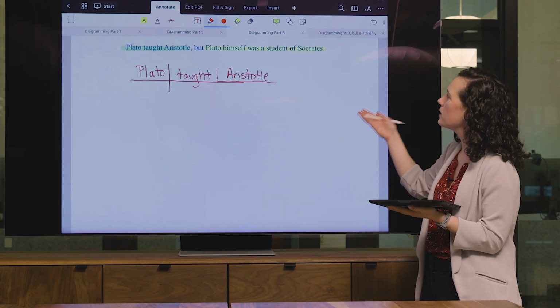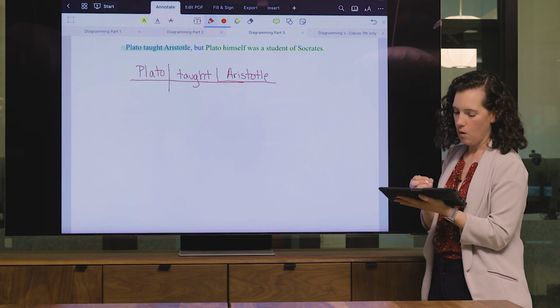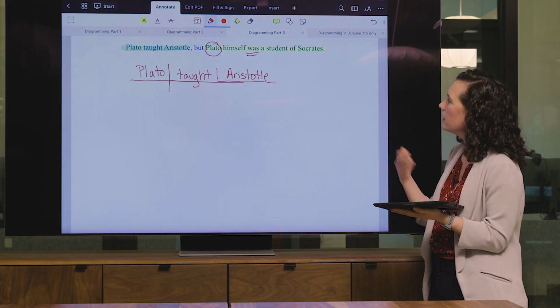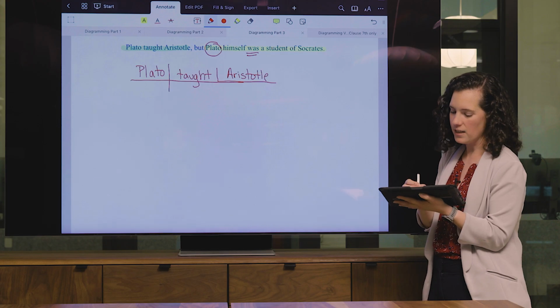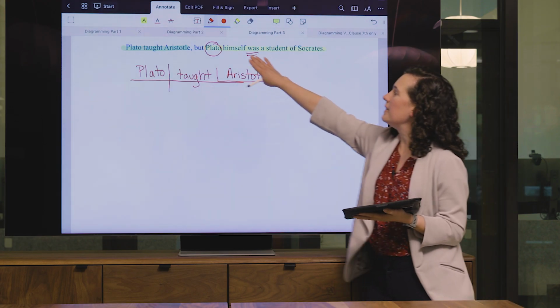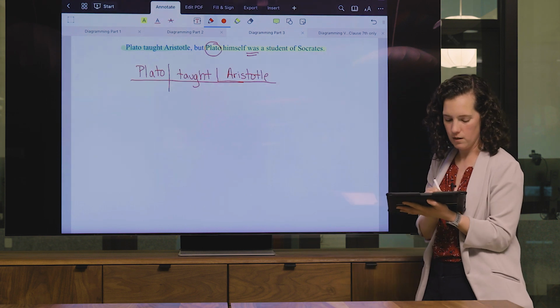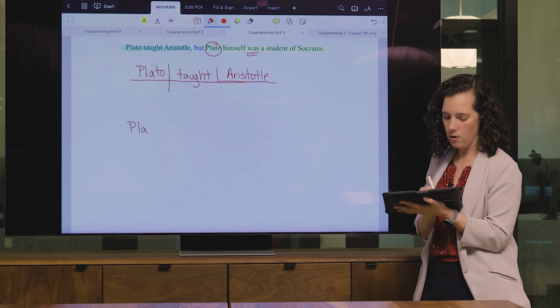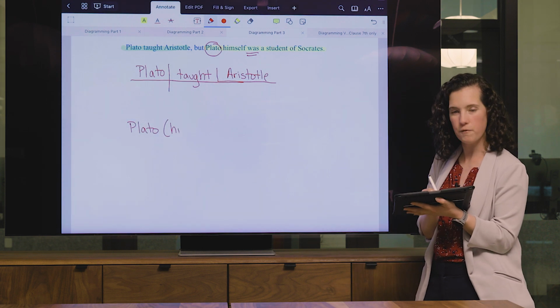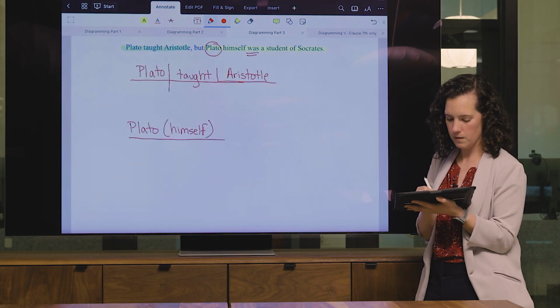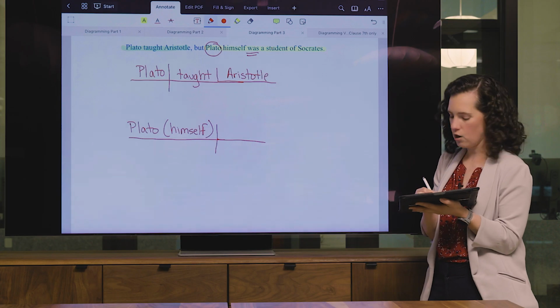Plato himself was a student of Socrates. Was is our linking verb. Plato is the subject. And we have one of those intensive pronouns here. Plato himself was a student. We place Plato here as the subject with himself in parentheses. Was is our linking verb.